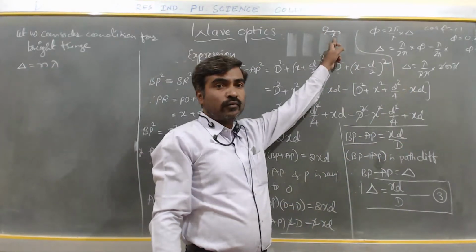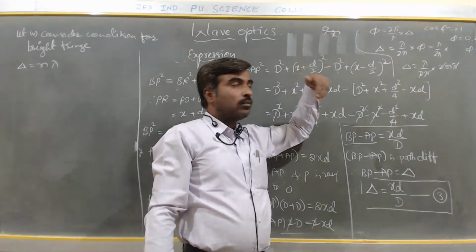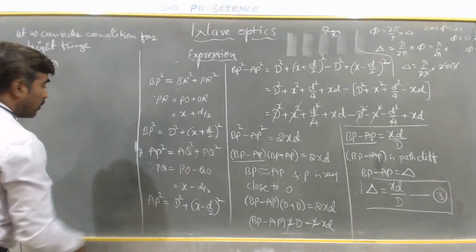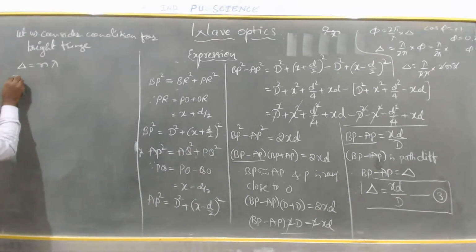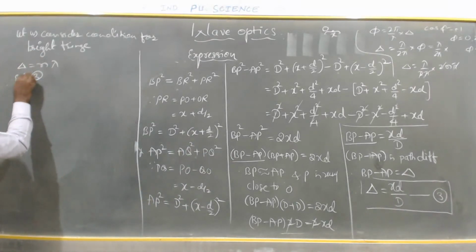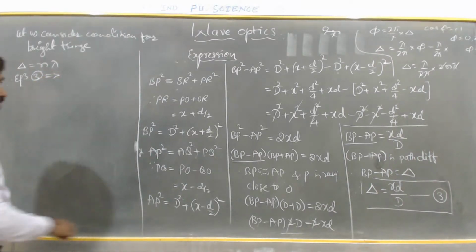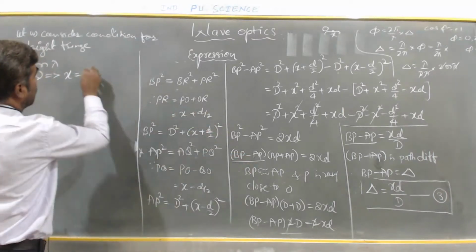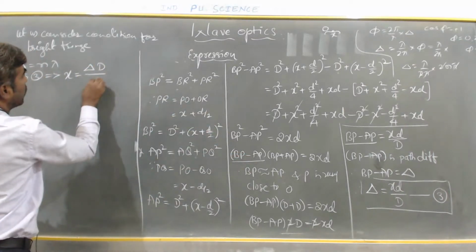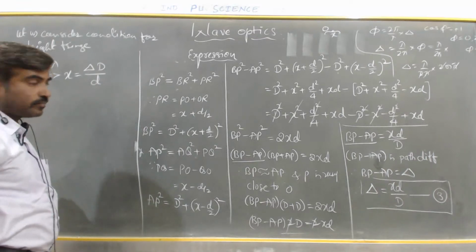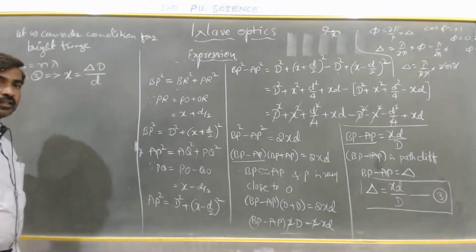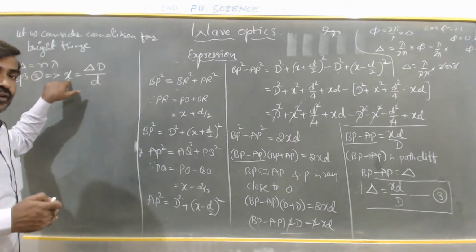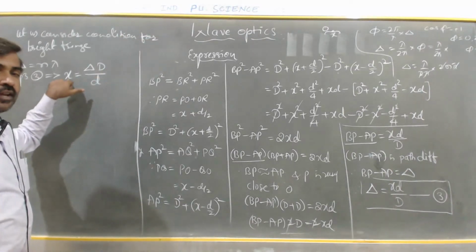Now, equation 3 can be written, on cross multiplication, as x equals delta d divided by small d, where delta is the path difference and x is the distance between the center fringe and the very next fringe or any other fringe.